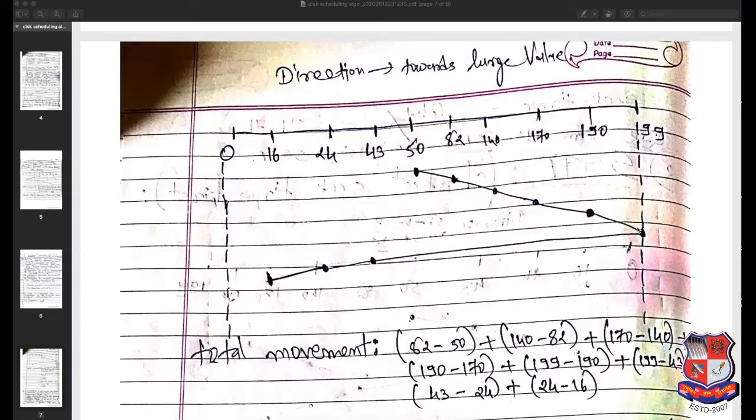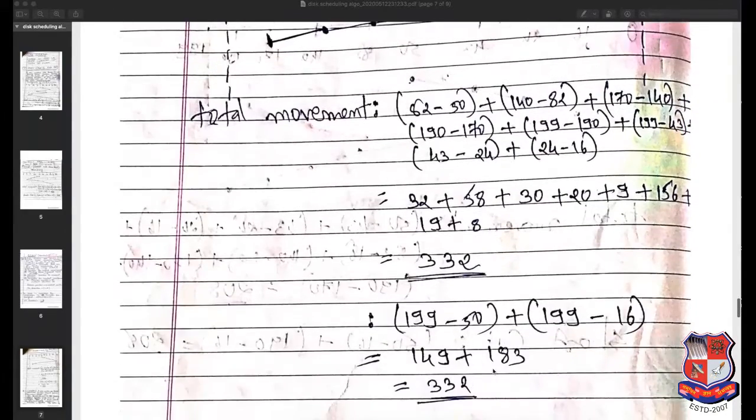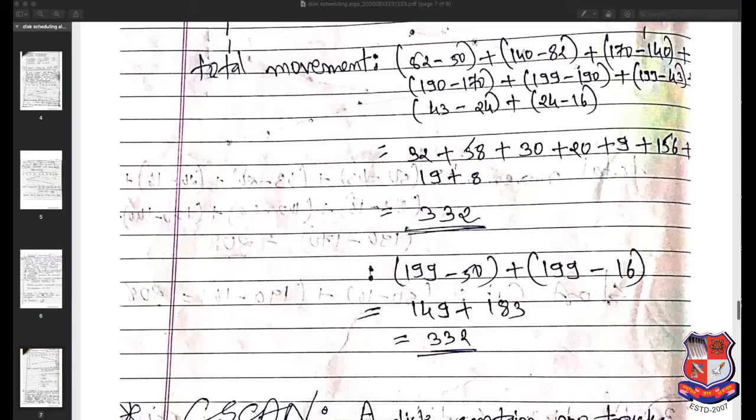My first point is 199, and my ending value in this direction is 16. Putting large value minus small value in this equation, 199 minus 50 plus 199 minus 16, we get the same value as per this equation.